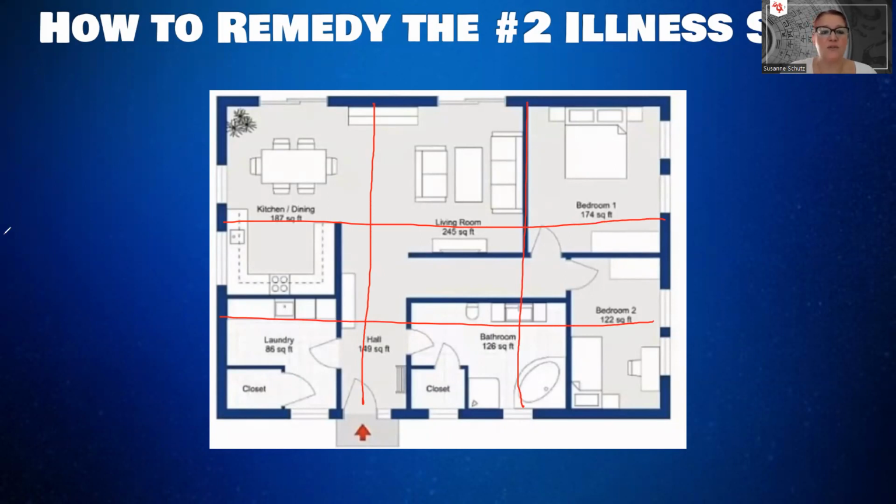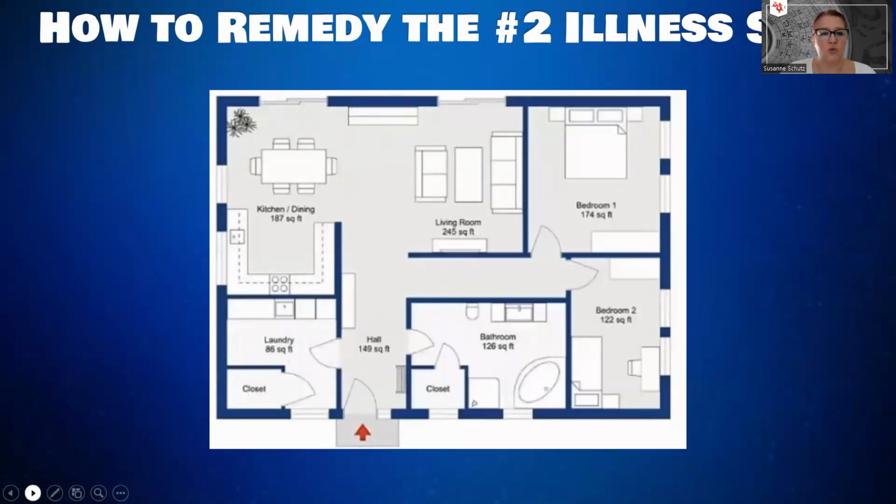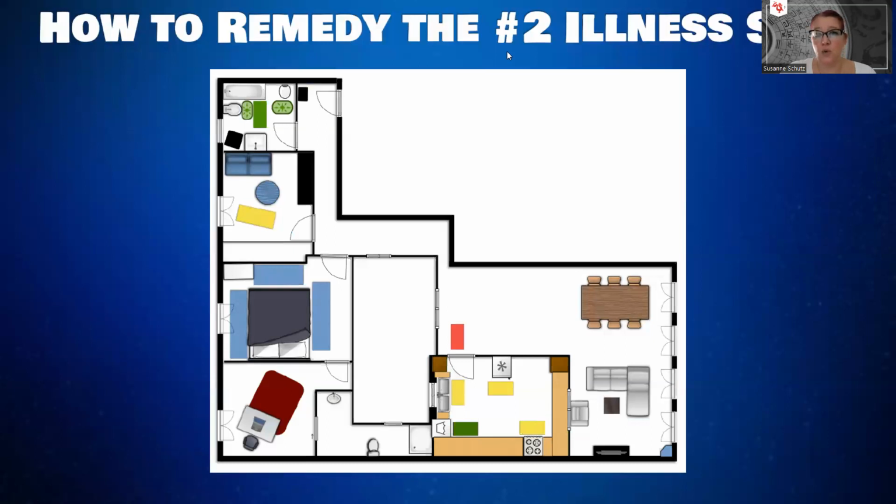Now, let's say you have a floor plan that is irregular, like the one I just showed you here. Then you also draw those squares, but the first thing you do is draw an imaginary square. You just square this out first so that it becomes a square even though you don't have a square floor plan.